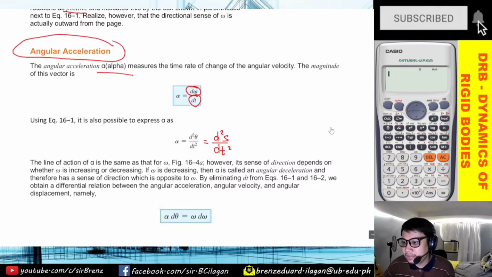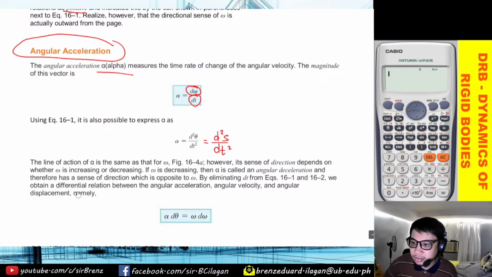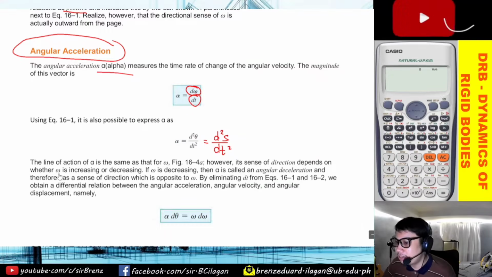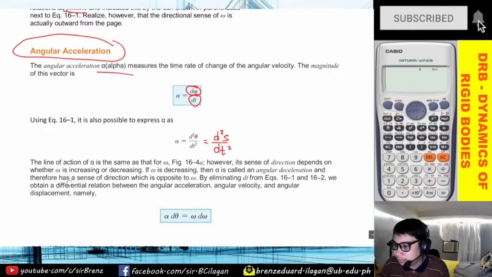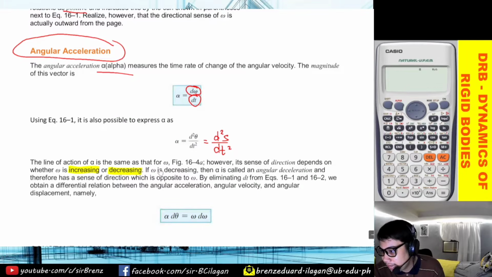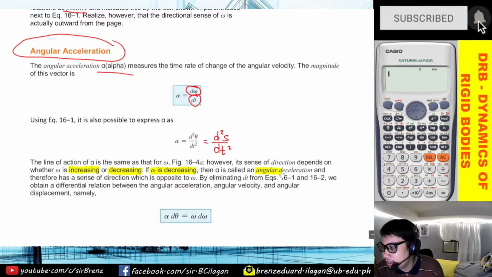So the line of action of alpha is the same as that for our angular velocity omega. However, its sense of direction depends on whether omega, the angular velocity, is increasing or decreasing. So it depends on whether the angular velocity is speeding up or slowing down. If omega is decreasing, then alpha is called the angular deceleration.